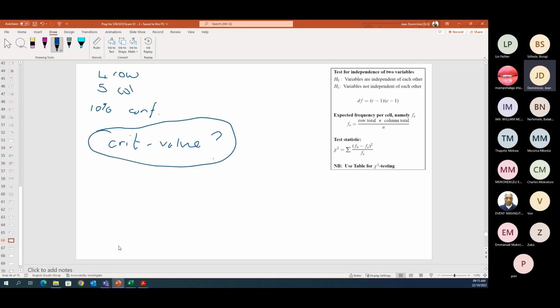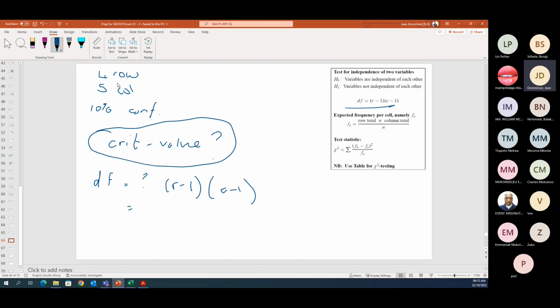So the thing that we will need is degrees of freedom. For degrees of freedom, it is row minus 1 times column minus 1.